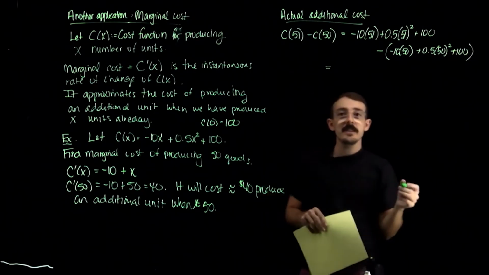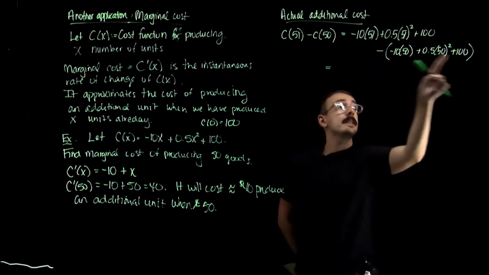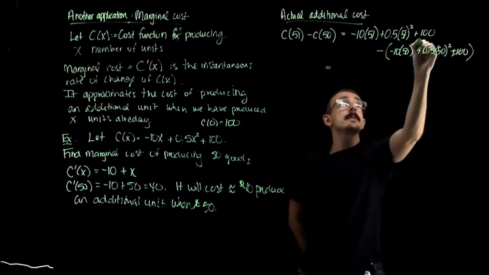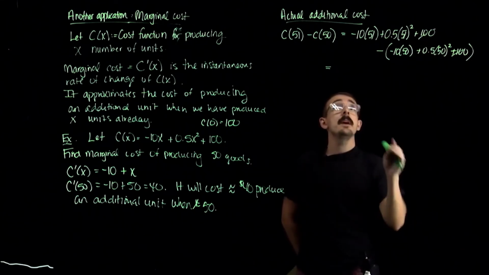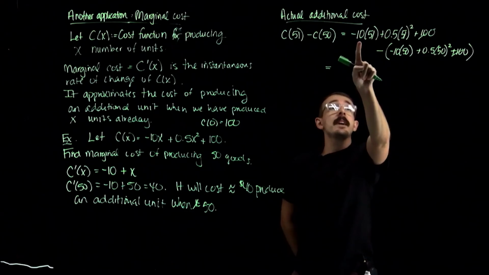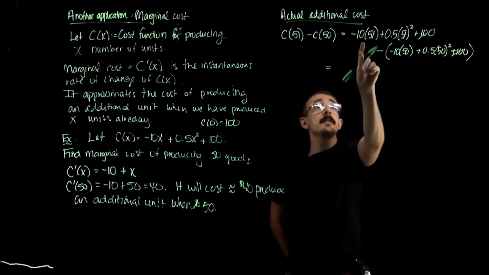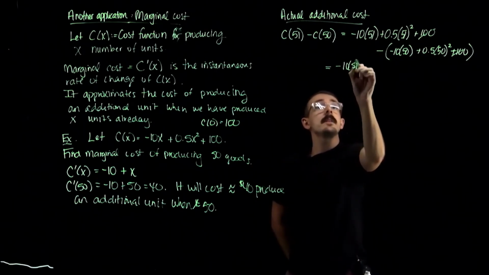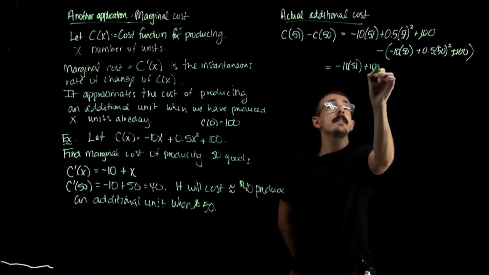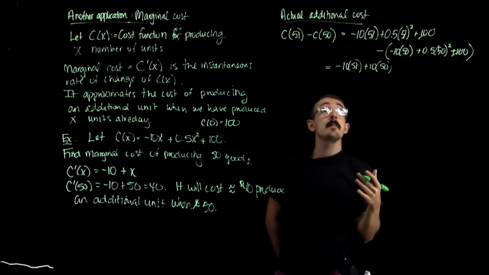Some ways to make this calculation a little easier: you might see that there's a negative sign being distributed here. So this negative 100 will cancel with this 100. Another thing to see is that I have negative 10 times 51, and here I have positive 10 times 50, so you could think about grouping those together.